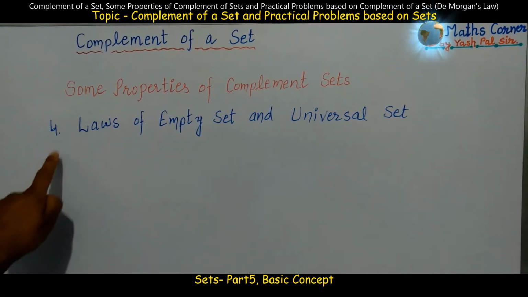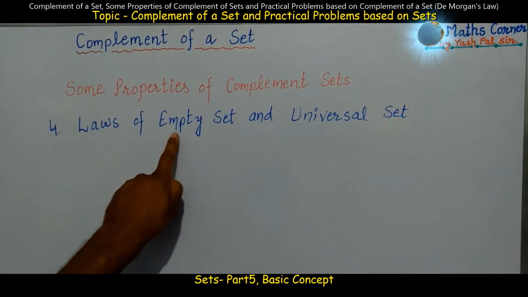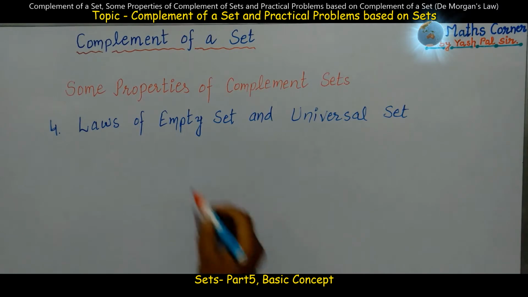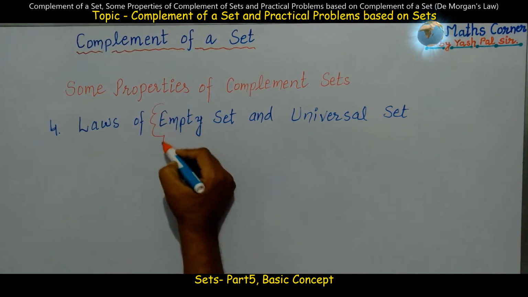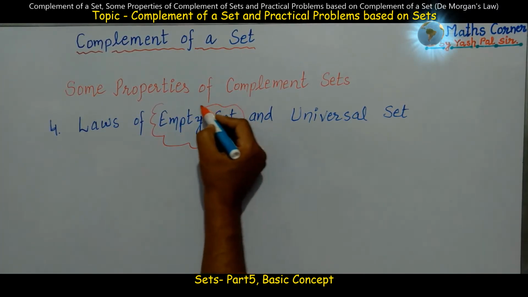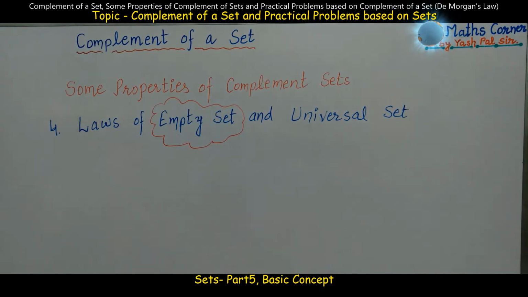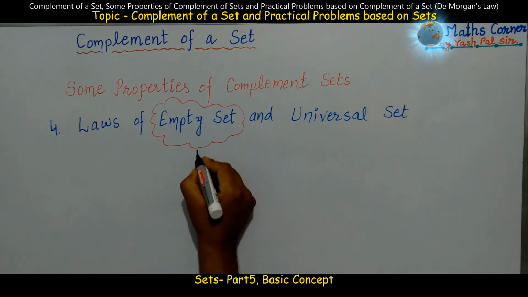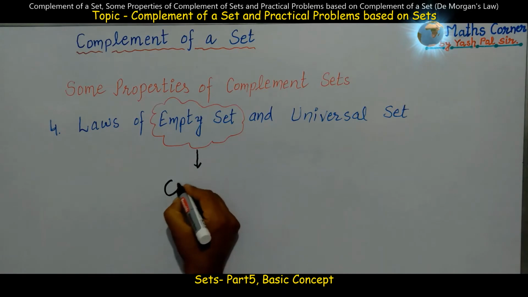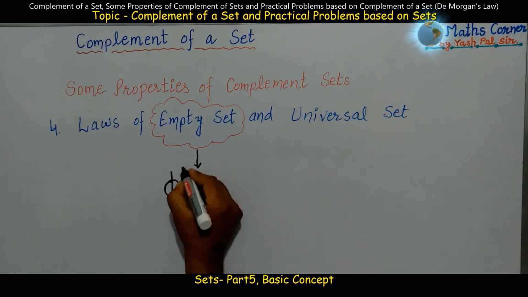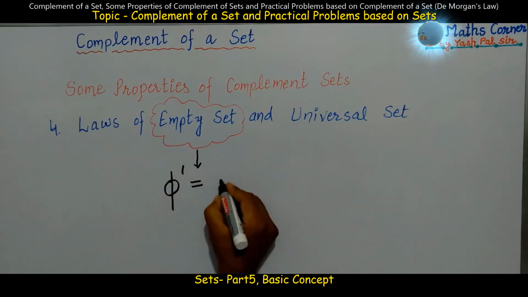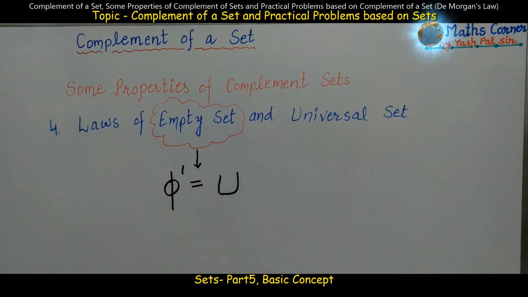Next, the fourth is the laws of empty set and universal set. First of all, we discuss the law of empty set. The complement of the empty set, the complement of phi, is equal to the universal set itself.